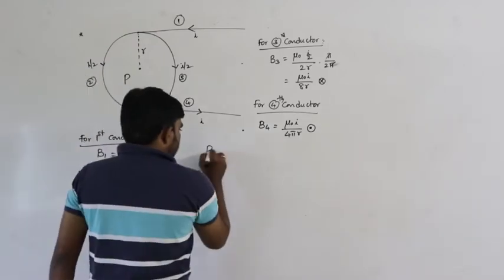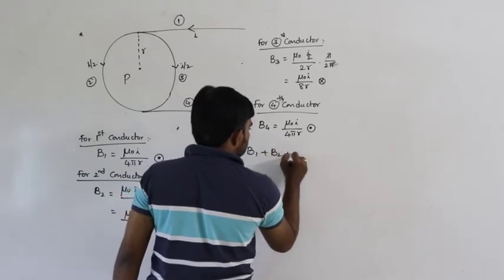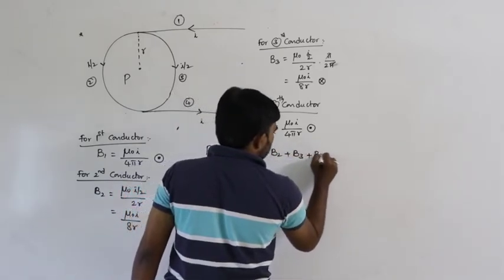So the net magnetic field B net is equal to B1 plus B2 plus B3 plus B4.